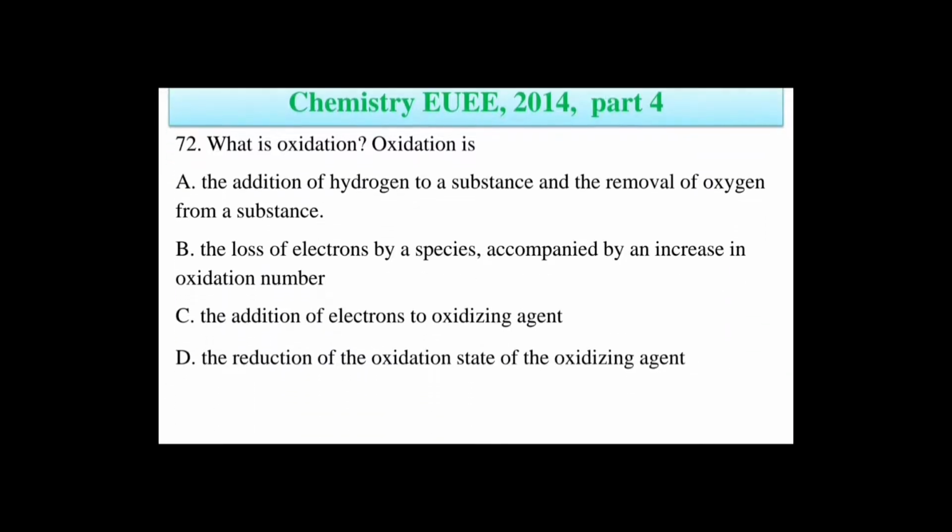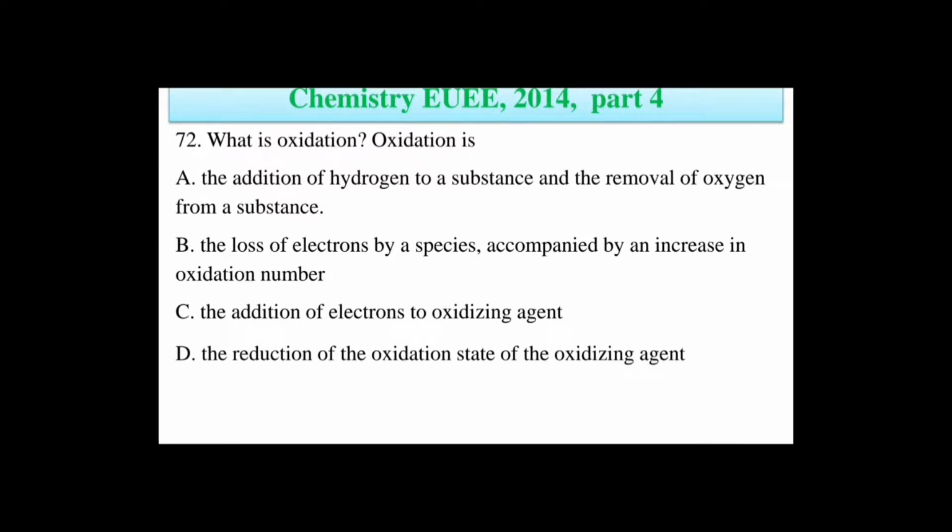Question 72: what is oxidation? Oxidation is A, the addition of hydrogen to a substance and removal of oxygen from the substance; B, loss of electrons by a species accompanied by an increase in oxidation number; C, addition of electrons to an oxidizing agent; D, the reduction of oxidation state of an oxidizing agent.